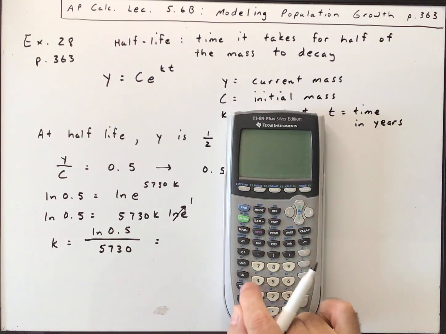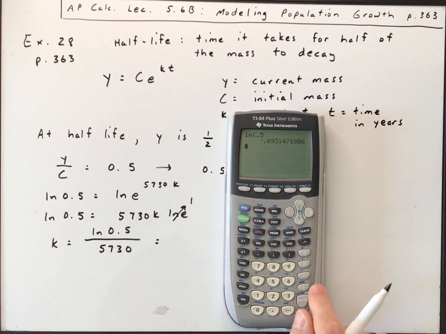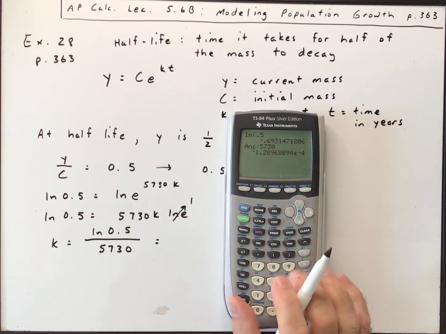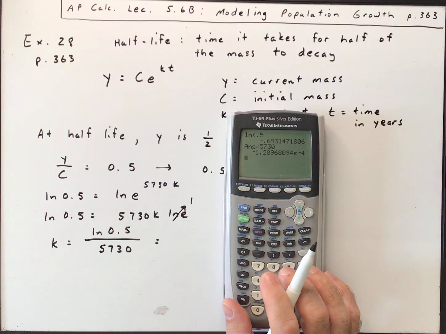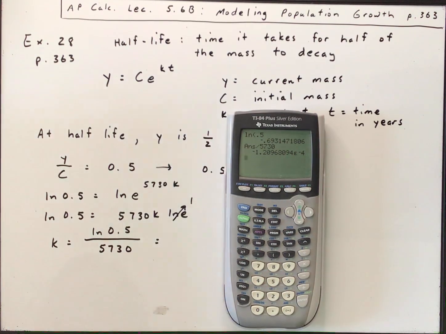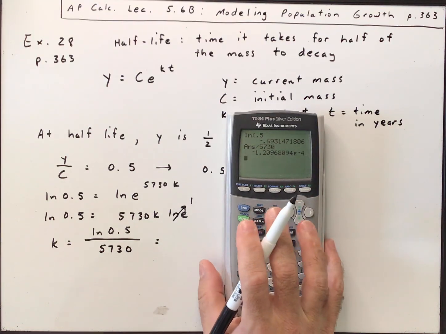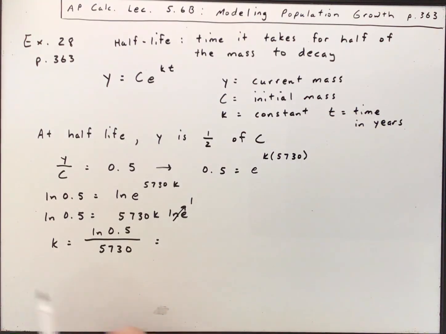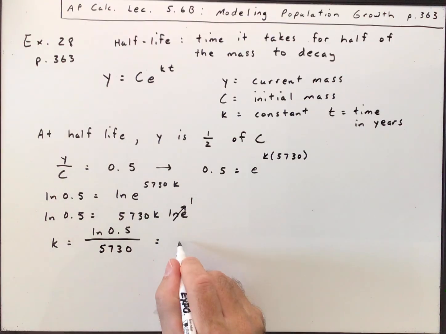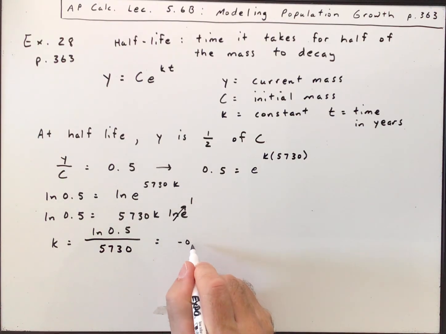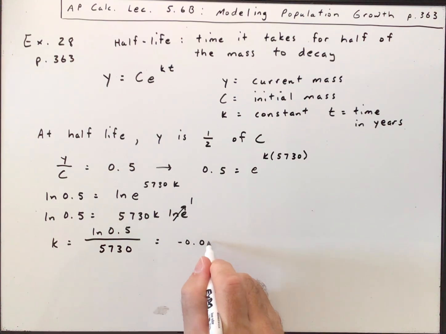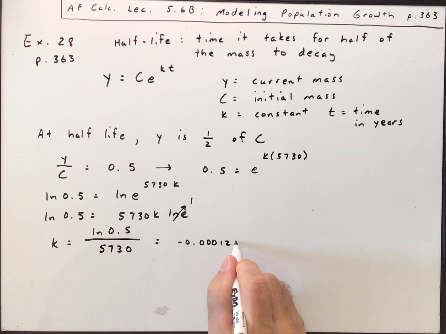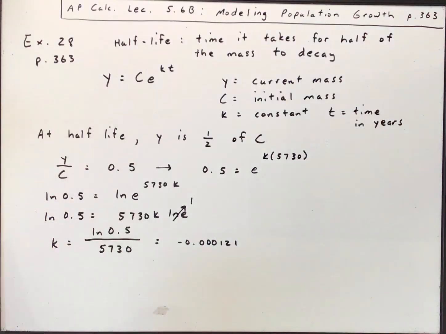So we have the natural log of 0.5 divided by 5,730. All right, that's negative 0.000121 is what I'm going to round that to. I'm in scientific notation, but you can turn that off going into mode. So I want to round it to at least 3 non-zeros.